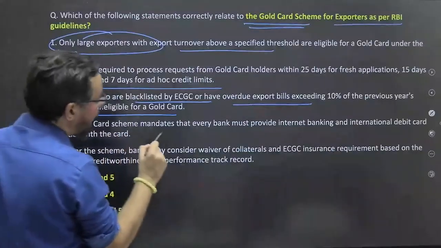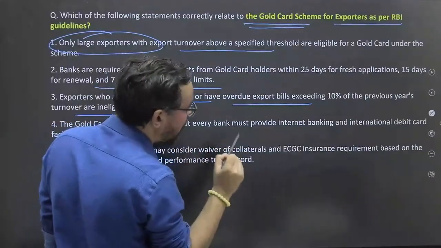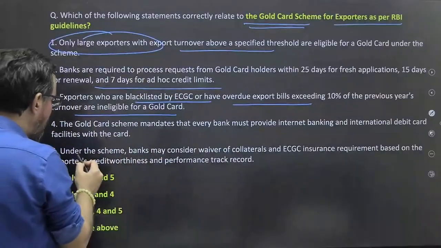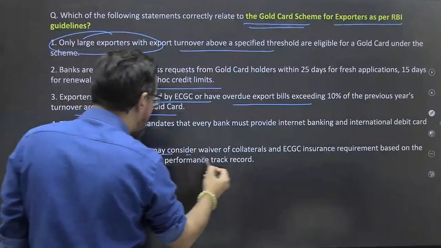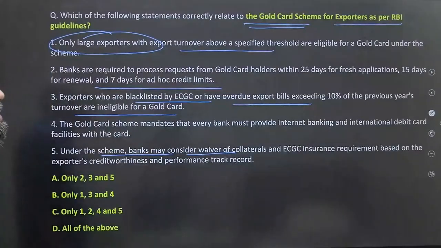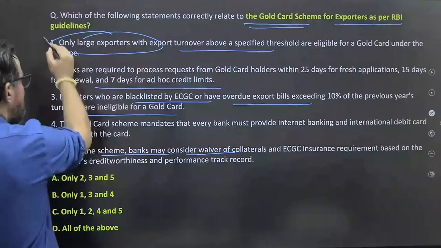Gold card scheme mandates that every bank must provide internet banking and international debit cards and all. Then under the scheme, bank may consider waiver of collaterals and ECGC insurance requirements based on the exporter's credit worthiness and the performance track. So see, this statement is wrong.